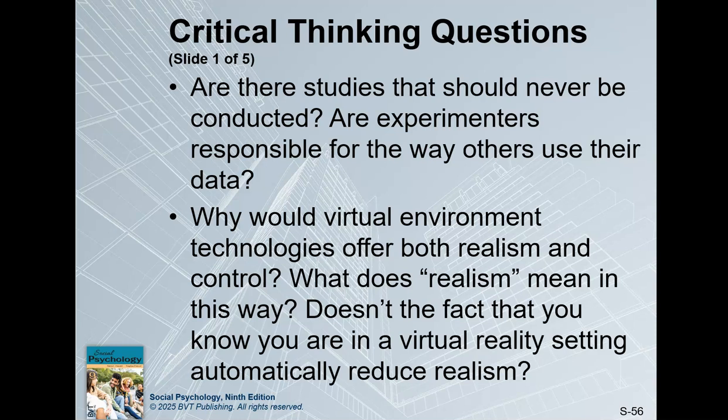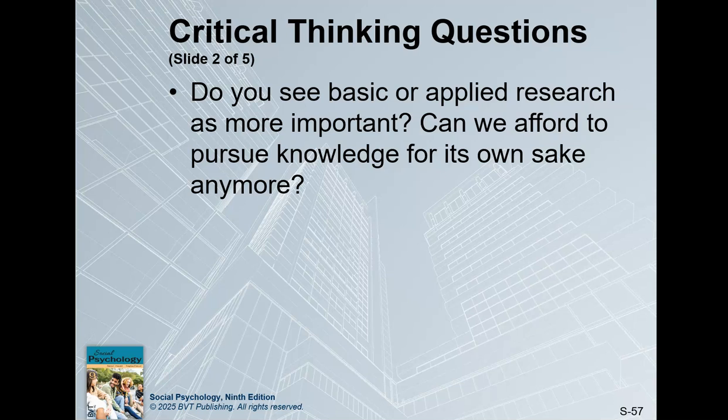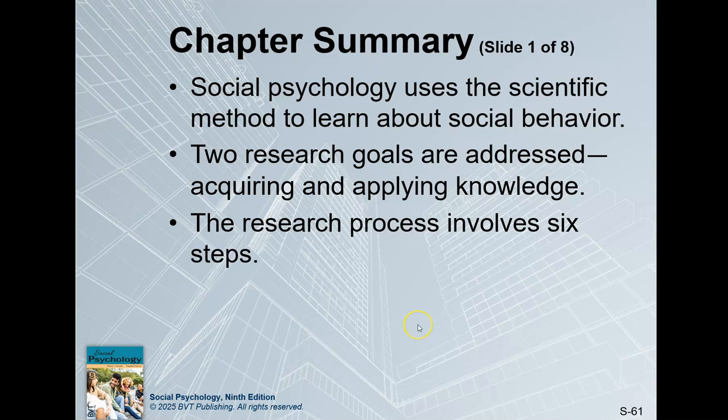Skipping forward here, we're moving forward. So there's a few questions here on this slide. Feel free to pause if you'd like to look at them. Okay, in summary here, social psychology uses the scientific method to learn about social behavior.